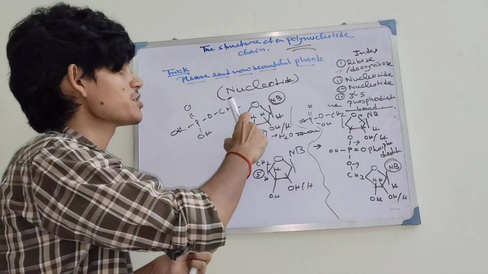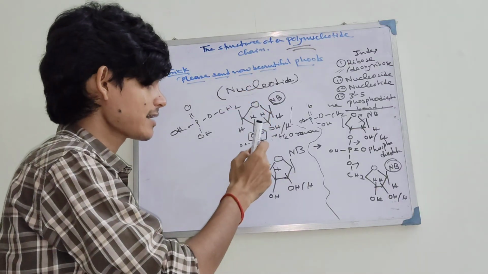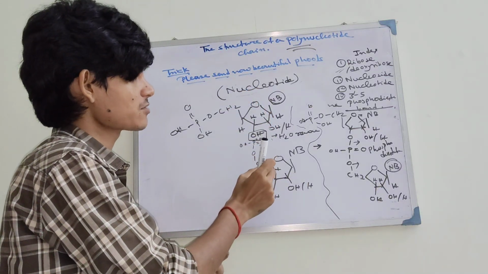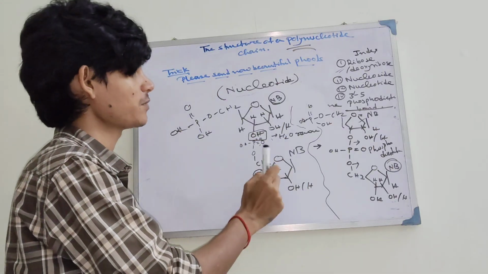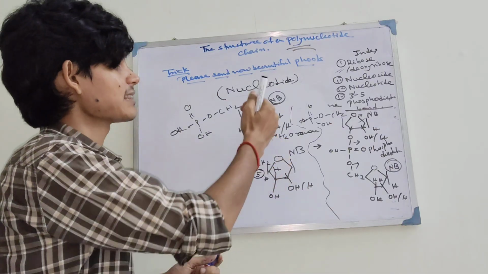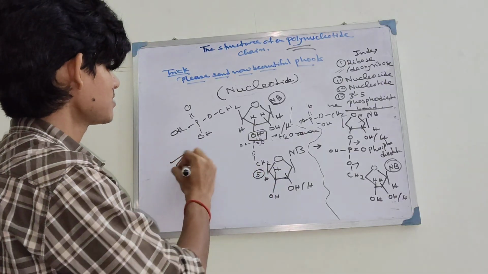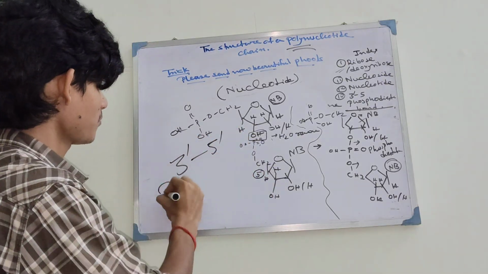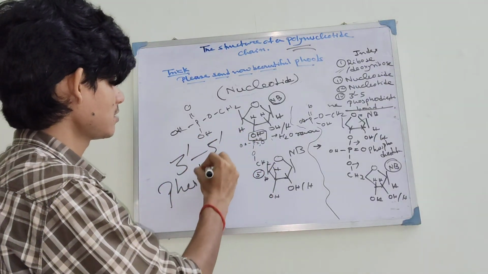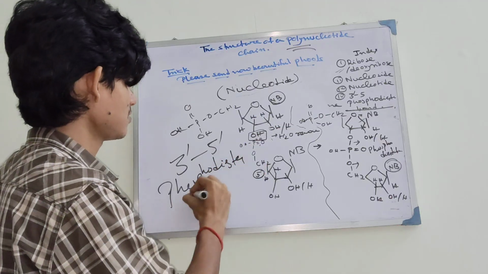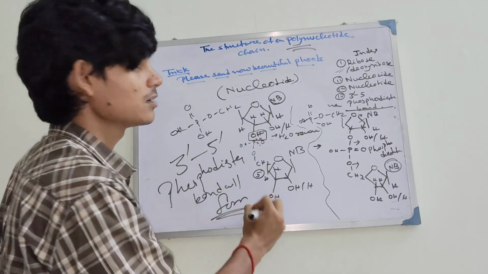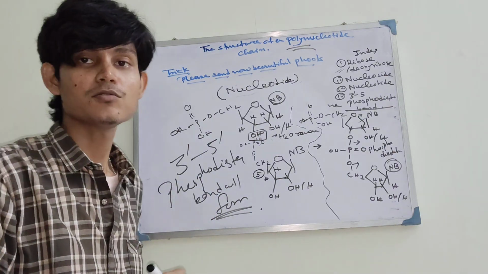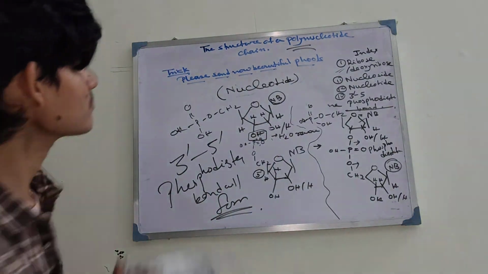The 3 prime OH of one nucleotide will attack the 5 prime phosphate group attached to C5 of the other nucleotide, and a 3 prime to 5 prime phosphodiester bond will form. Clear?